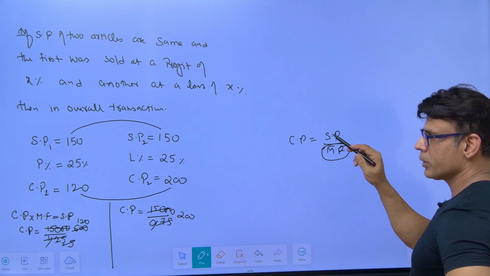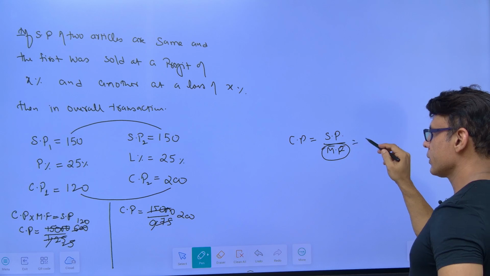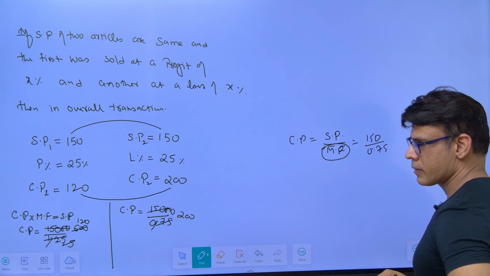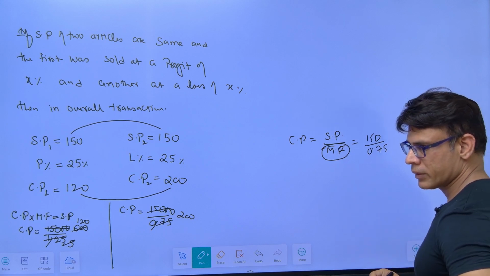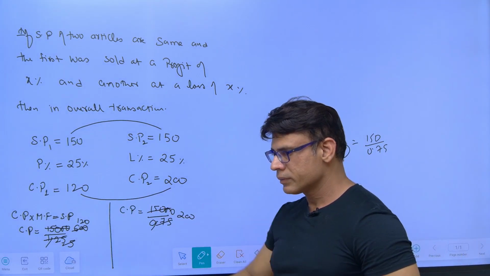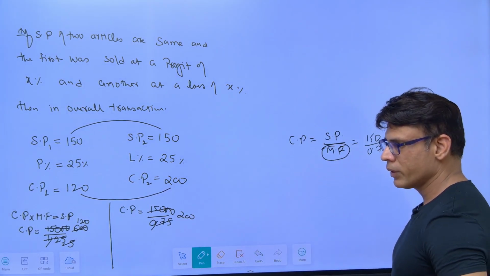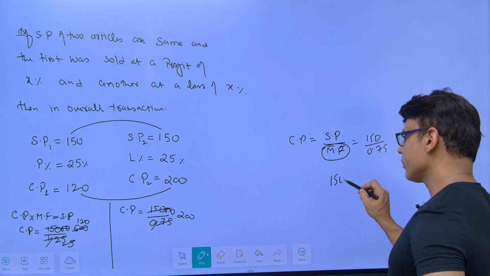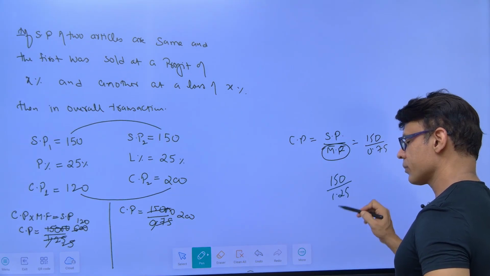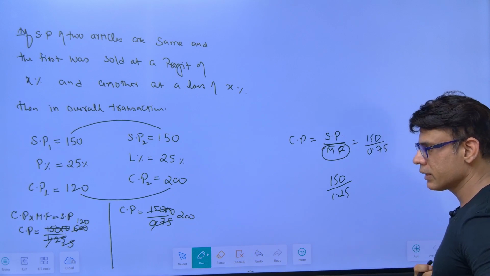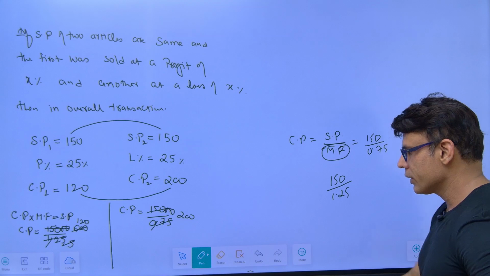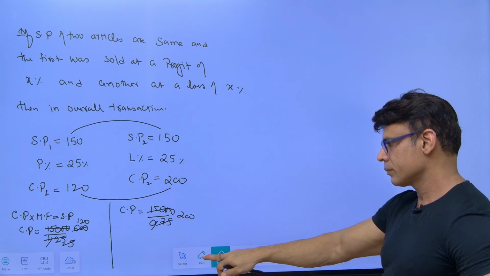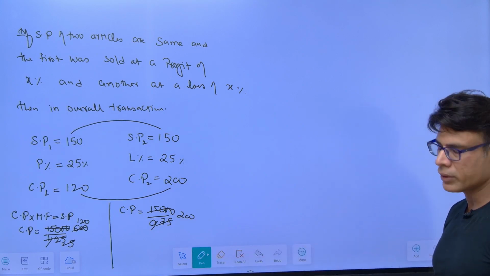So selling price is how much? 150 upon 0.75. Here there is a profit, 25%. Profit will be more than 1. So over there, we will divide 150 with what? 1.25. Because there is a profit here. Second case, there is a loss. How much you invested from your pocket? 300. Sorry, 320.